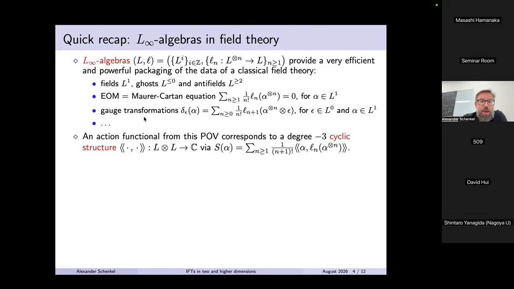There's one additional datum, which is very beneficial to have. And this is, from the traditional point of view, an action functional. Because not every classical field theory must come from an action functional, but of course we like most those field theories which do.